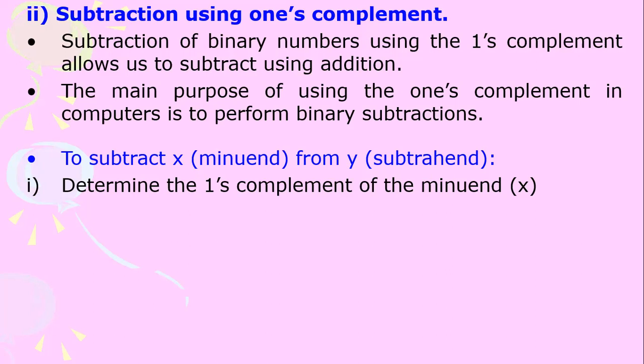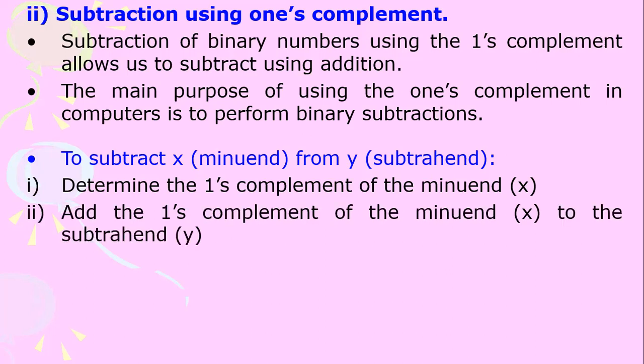The number you are subtracting is called the minuend, and the number from which you are subtracting is the subtrahend. So the first step is to determine the 1's complement of the minuend.